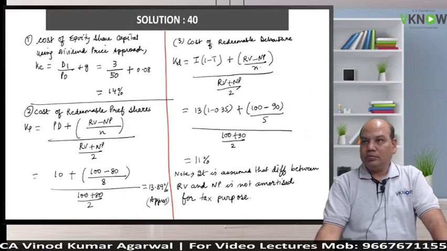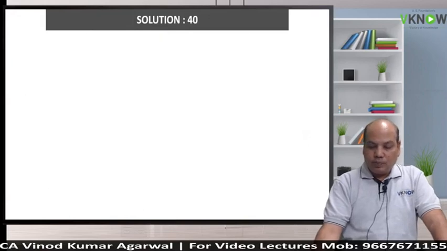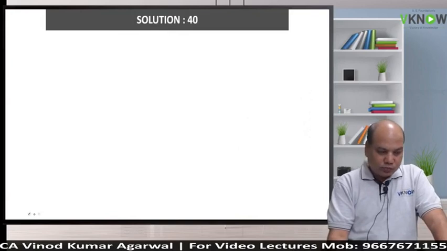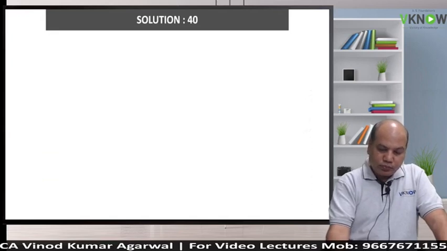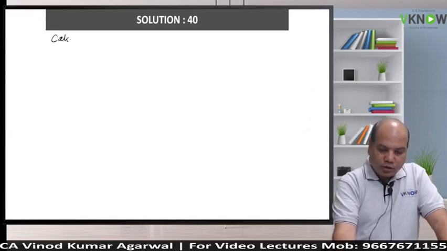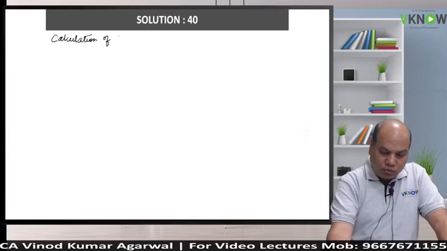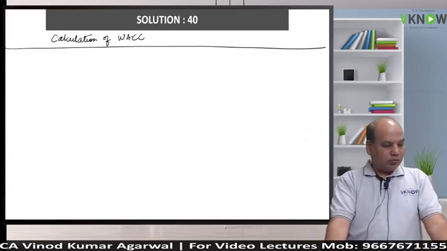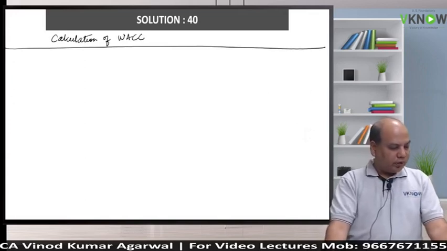Now any query? So we'll compute now WACC at book value also and market value also. So write calculation of weighted average cost of capital.